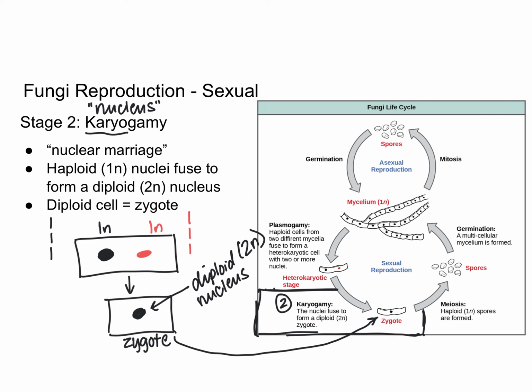So then in this zygote, in this one nucleus here, we're going to end up with 2 sets of chromosomes that are now paired up. And 3 of these chromosomes came from the original black nucleus. And the other 3 came from the original red nucleus. And they are all found inside this diploid nucleus now.